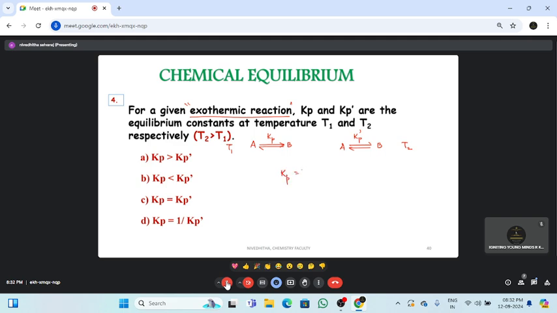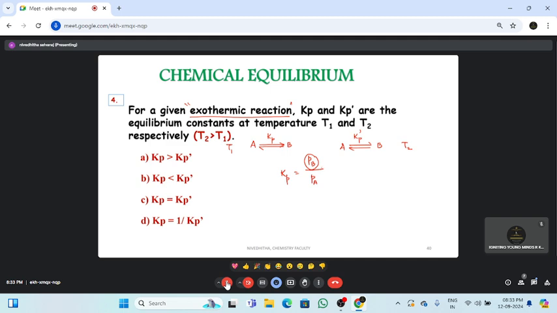It is the pressure of product divided by the pressure of reactant, right? If you increase the temperature, the reaction is getting disturbed, due to which product will not occur. So the pressure of B will decrease and the pressure of reactant will increase.